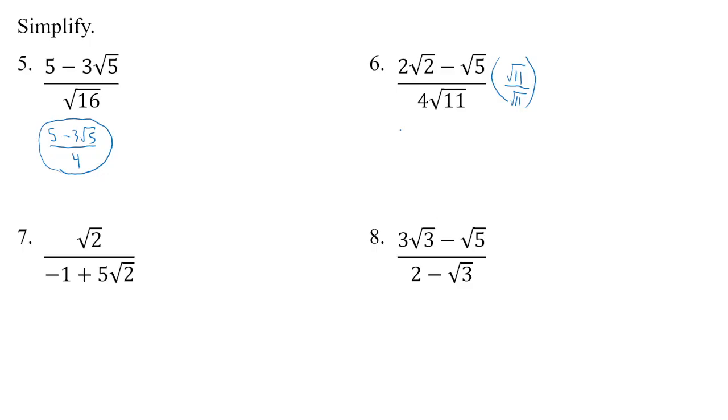So in the numerator, we have 2 times the square root of 22 minus the square root of 55. And then we have 4 times the square root of 121. You could take the square root of 121, and that would be 11.